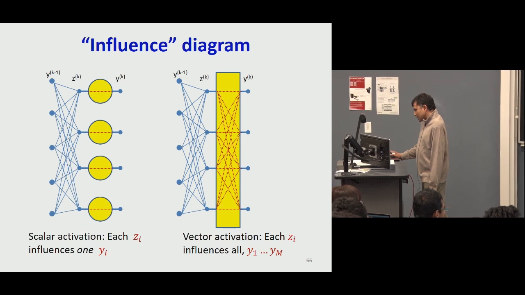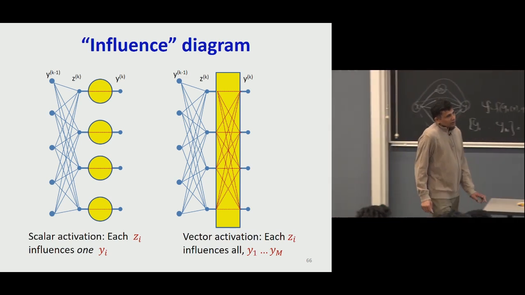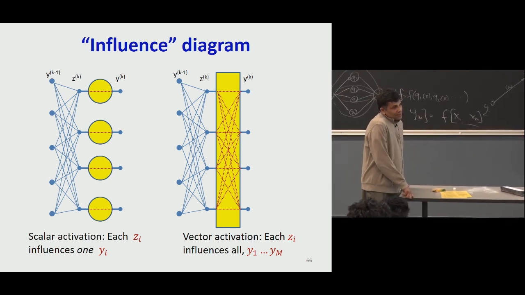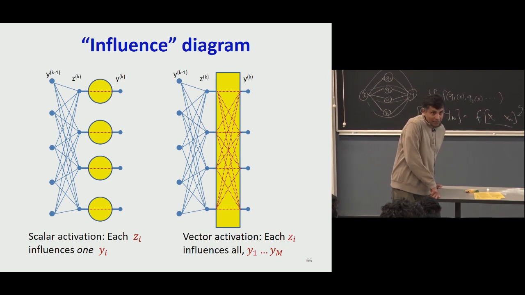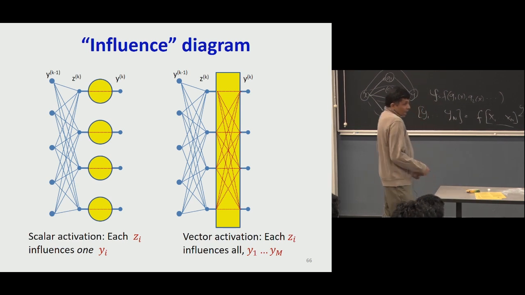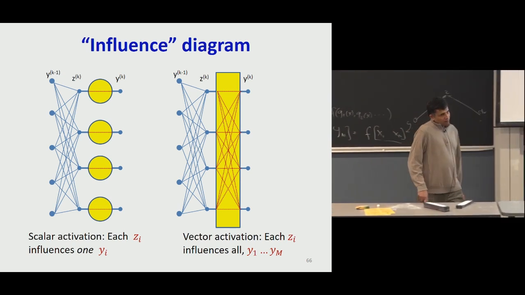So in this case, if I draw the influence diagram, this is what it's going to look like. When the activations are scalar, each y is dependent only on the corresponding z. If the activation is a vector activation, each y depends on every single z, and conversely, every z influences every single y, right?